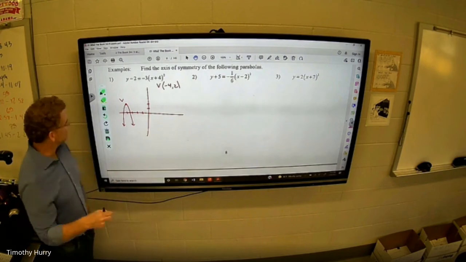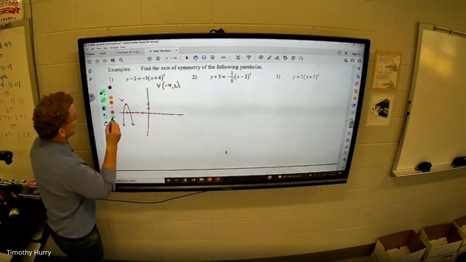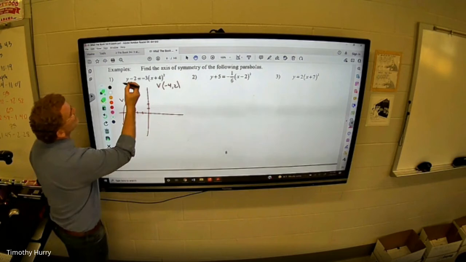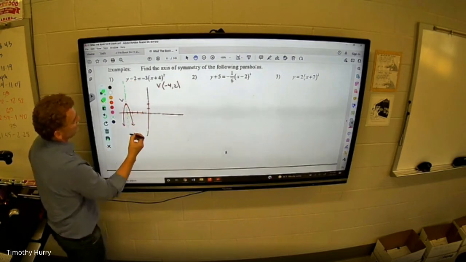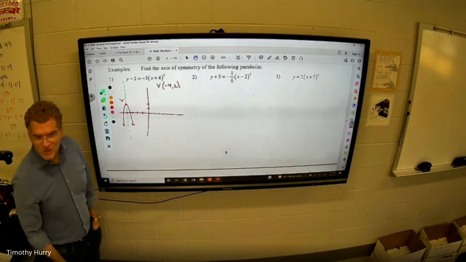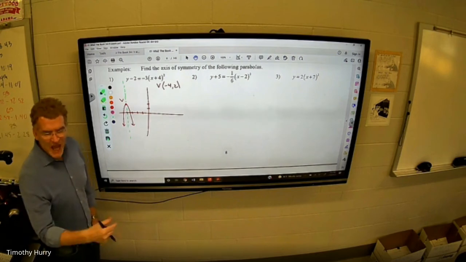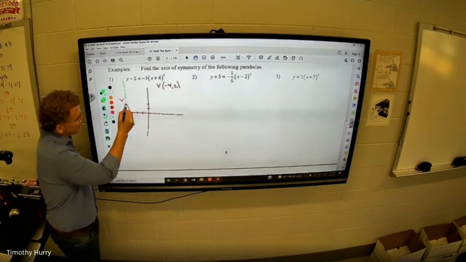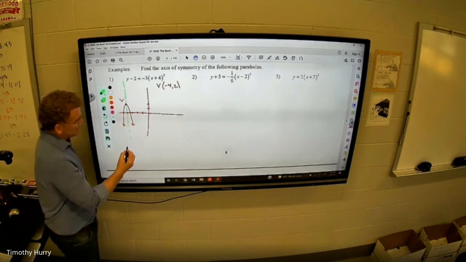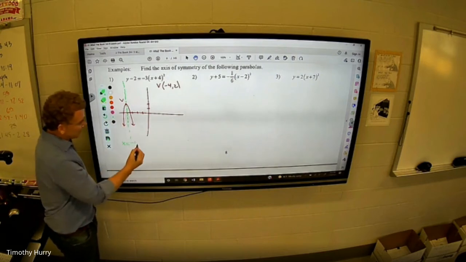The axis of symmetry is that line, right, that splits that graph into symmetric halves. Are you seeing this? So what is the equation of the line here that splits this right through there? What is the equation of that line? It's x equals what? -4.